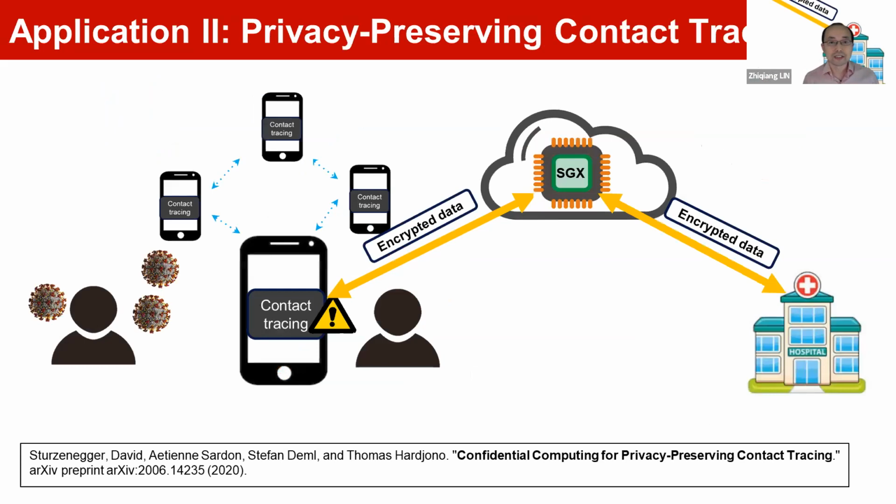The next one is like a privacy preserving contact tracing. We know last year, right, many groups have been working on building digital contact tracing systems, and with these systems, many people would like to use them because of the privacy concern, because they worry that maybe people harvest their data and abuse their data.